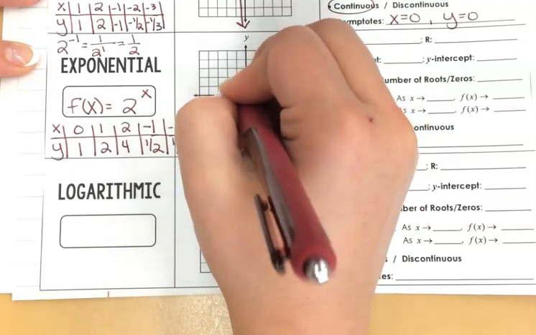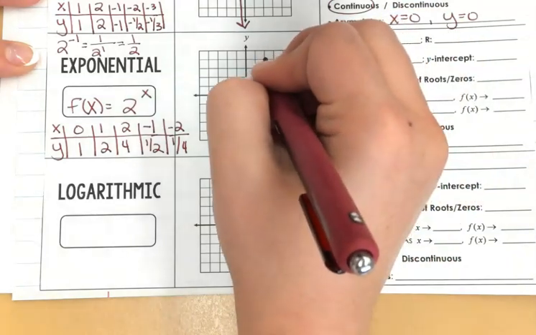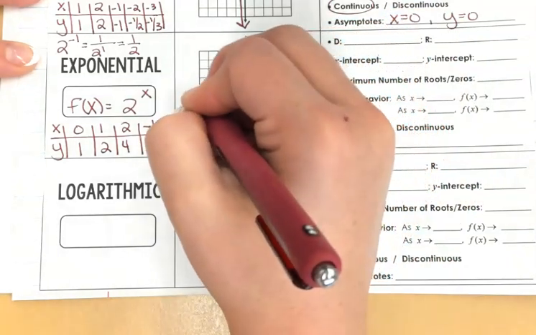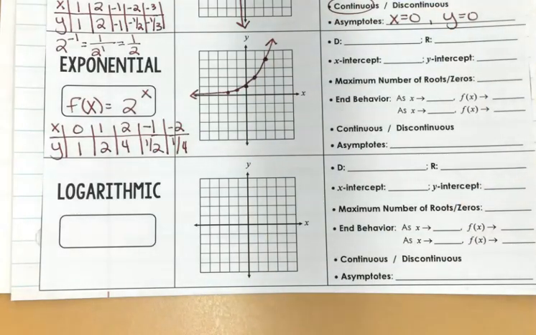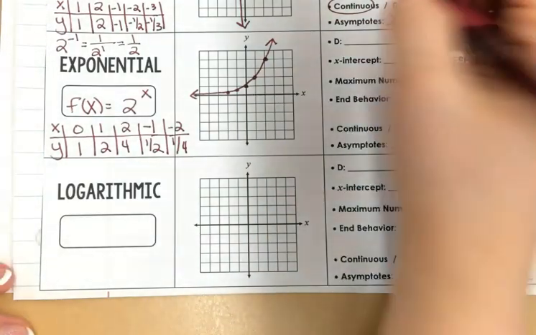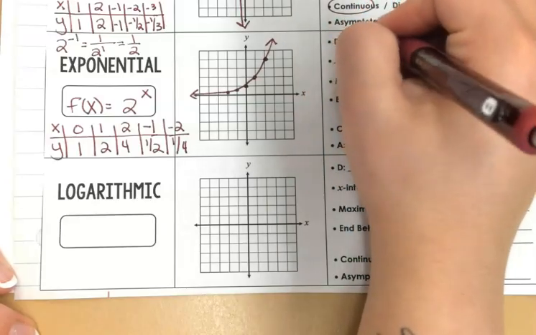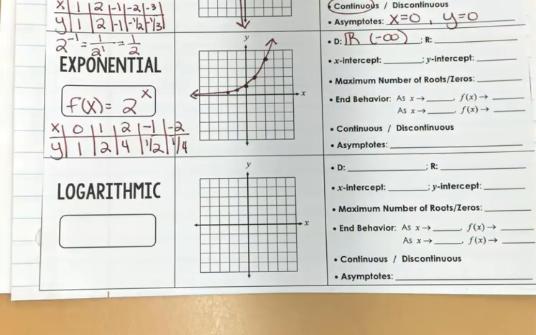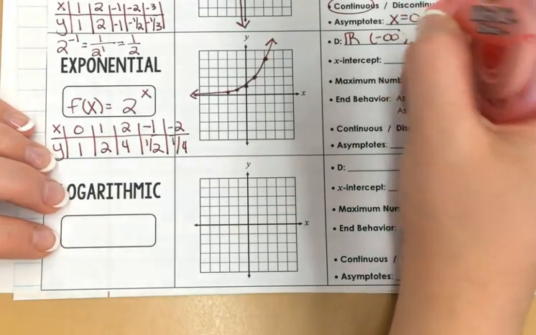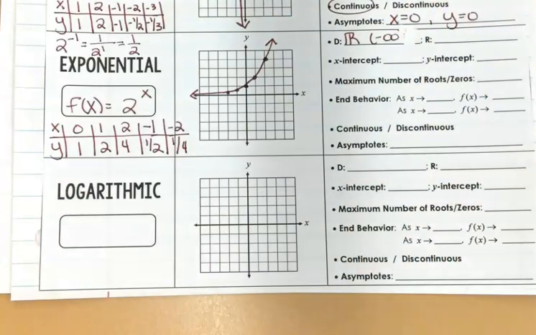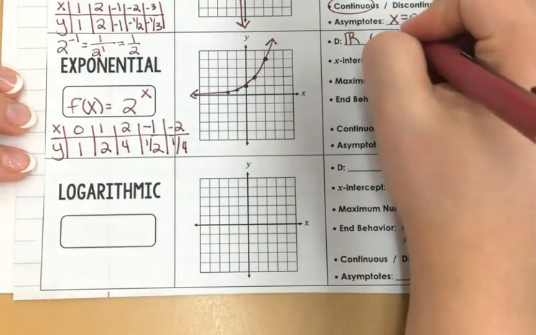So on the left side of your graph, you're going to be getting fractions, but it's never going to cross and become 0 or become negative. So we have another asymptote there. So our domain is all real numbers, but my range, and I forgot to write the other half of that, my range is just that y has to be greater than 0. It's never going to be equal to 0, and it's never going to be negative.